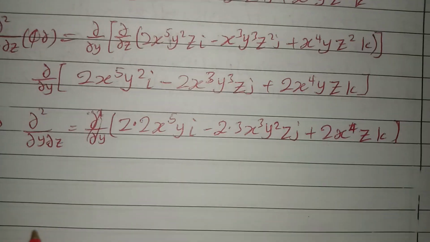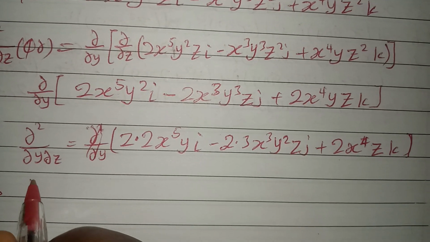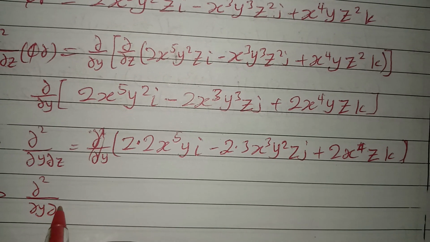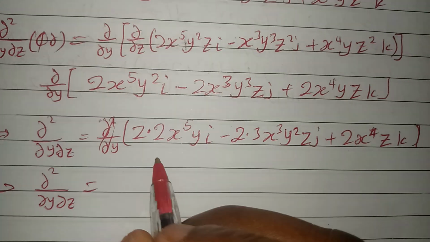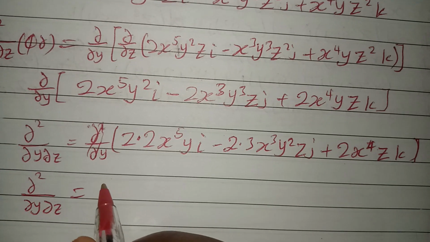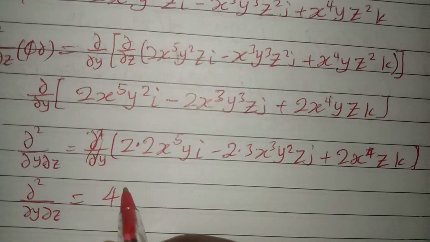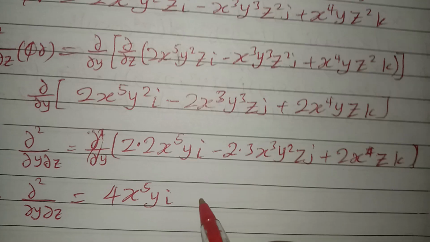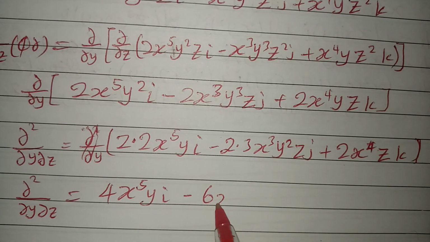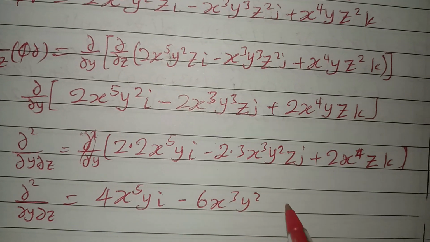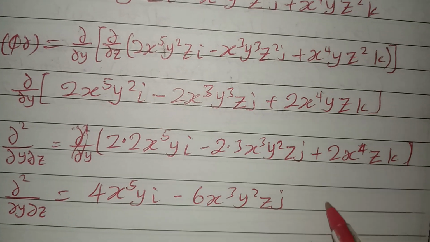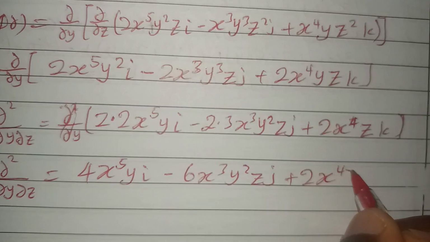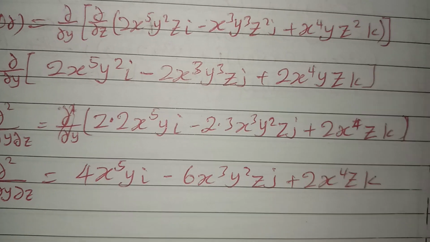Okay, so simply our ∂² over ∂y ∂z is equal to 4x exponent 5 y i minus 6x cubed y squared z j plus 2x exponent 4 z k.